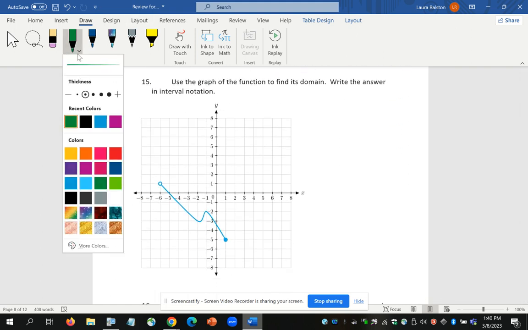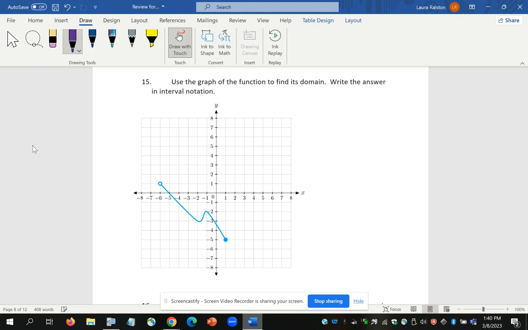Question 15 is a similar question. It's asking you to find the domain, which are going to be the x values, but instead of a list of ordered pairs, you have a graph. And it's important that you pay attention to the graph.